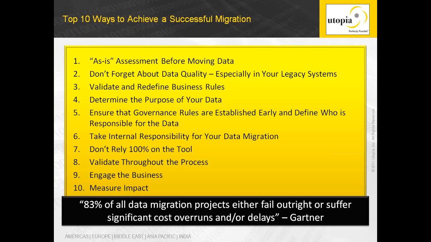I think the point of what we've been going through today is to give you some idea of some of the things that you can do to make sure that you're not in that 83% and that you're in the 17% of people that have really successful data migrations that are done on budget and on time. So with that, I would like to hand it back to Jodie, and we can talk about any questions that might have come up.